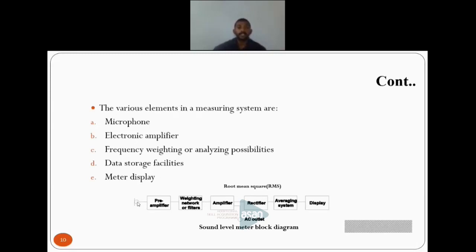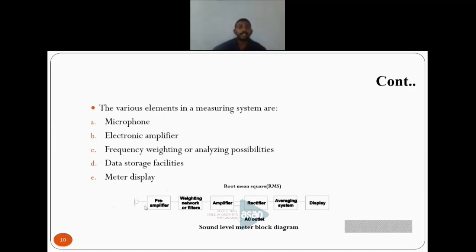This shows the microphone, a highly sensitive microphone. When the waves hit the microphone's membrane, it converts them to an AC signal.